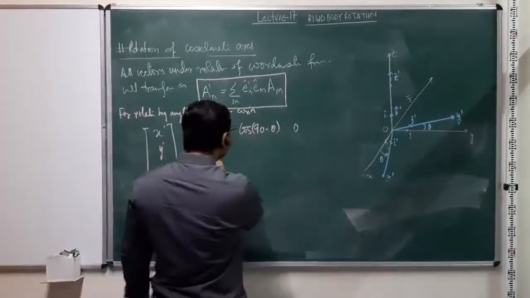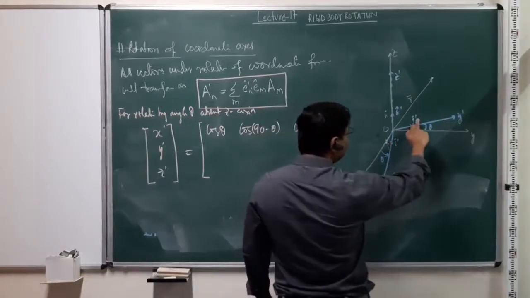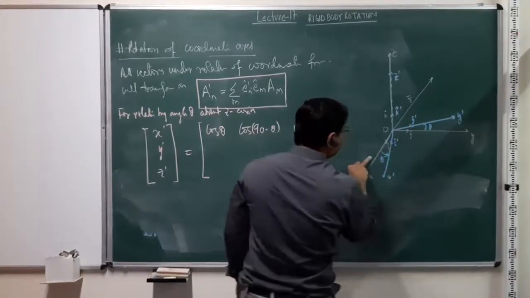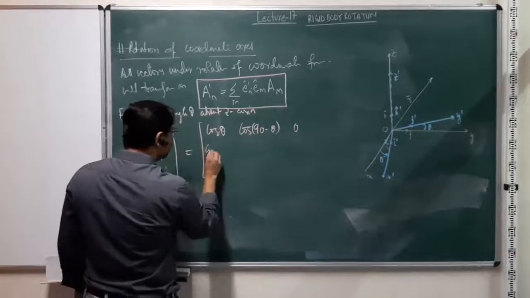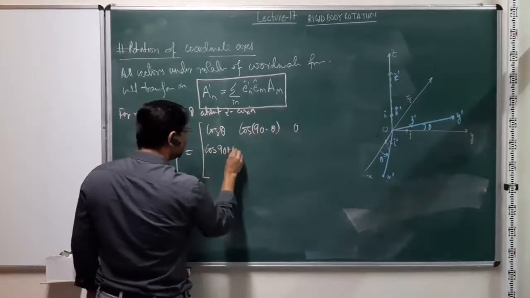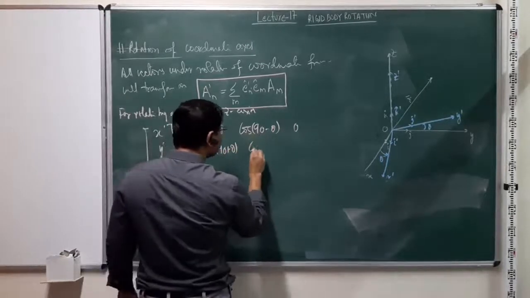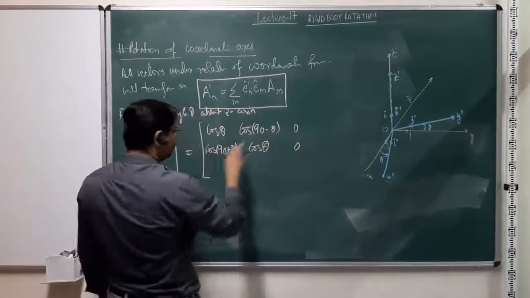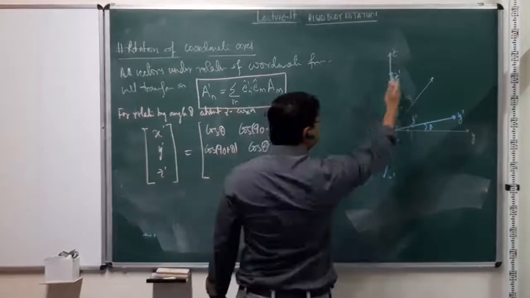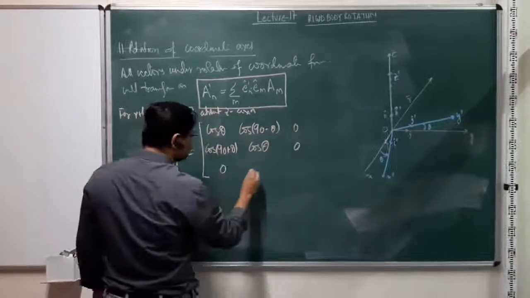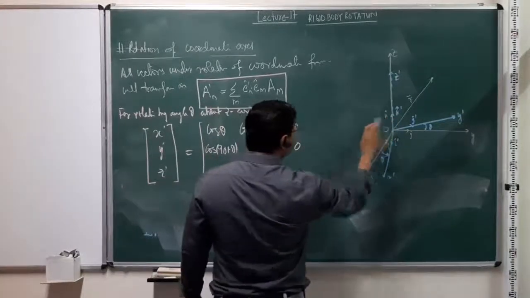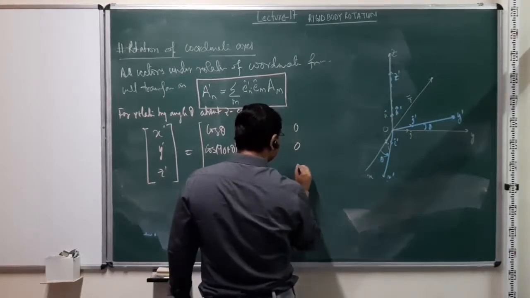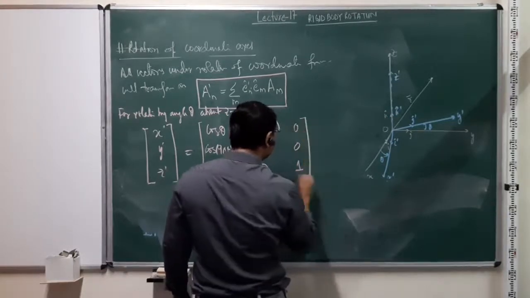Then on the other side here we had j prime cap dot i cap, which is cos 90 plus theta. This is again cos theta, and this is still 0. With k prime cap, which is again the perpendicular direction, this will be 0, this will be 0, and the k prime cap dot k cap is simply equal to 1.